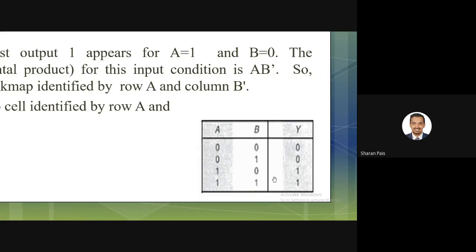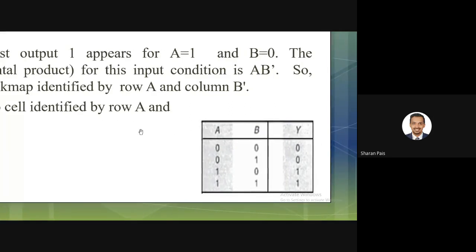So this is the table. It is a 2-variable table, meaning A and B are the variables. And you can see the output is 1 for 10 and 11. These are the values where the output becomes 1.